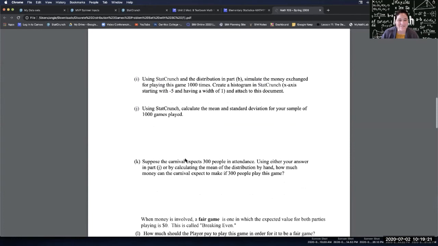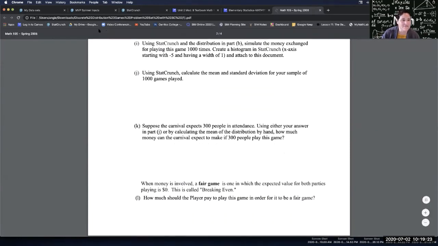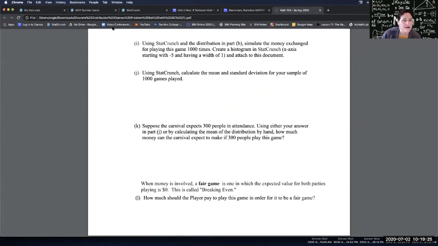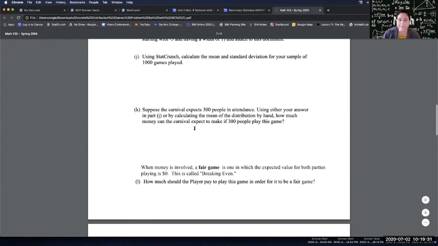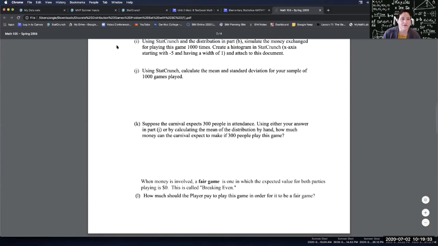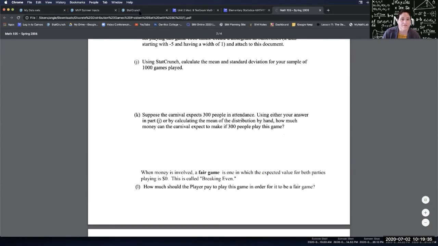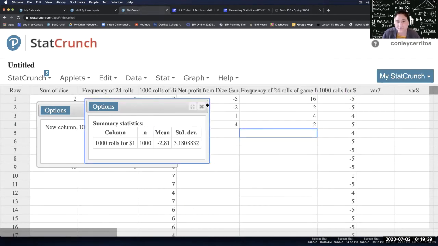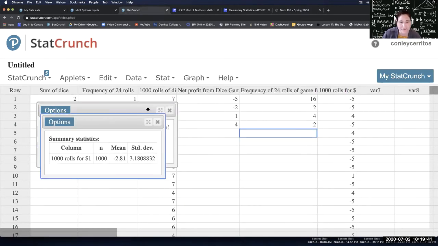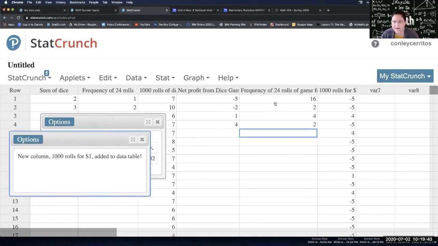And so now, what I'm going to do is actually calculate the mean of the distribution by hand. Because we know from this StatCrunch over here, and I can do it by hand. I can't use my group bin data because StatCrunch will do it wrong for some reason.